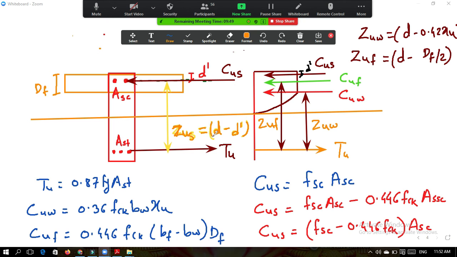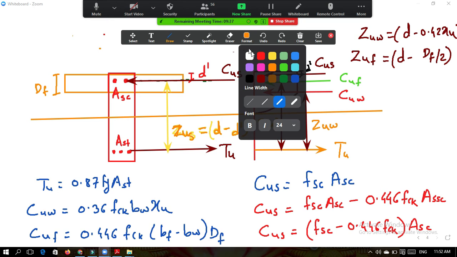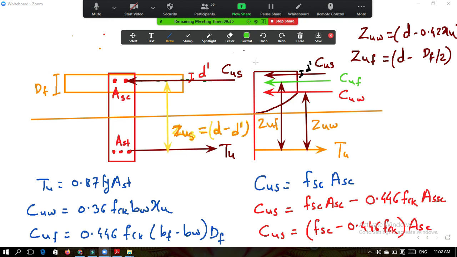Why is it D minus D dash? Because from top to this point here, this is your small d, the effective depth.